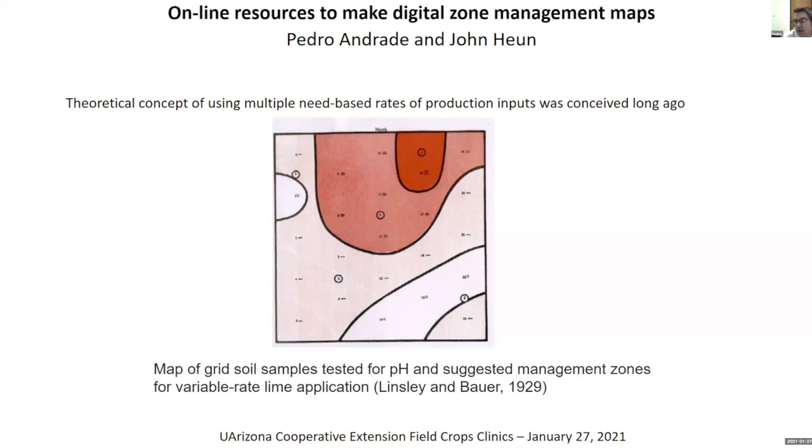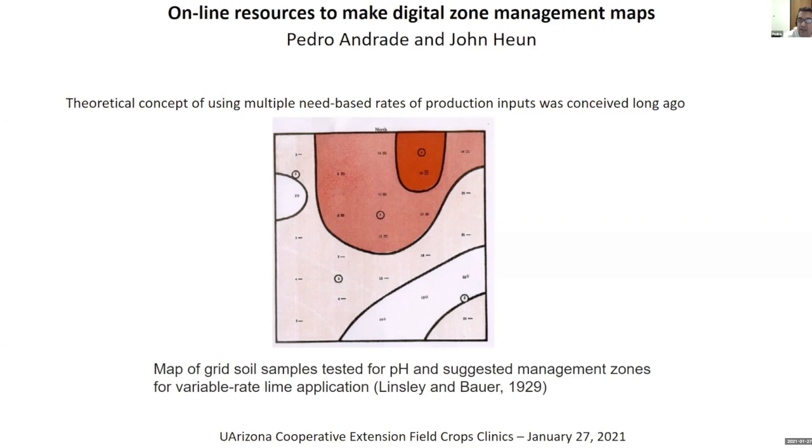So, starting with some background information. The point of this slide is to say variable rate or zone management makes sense from any perspective. Even as far back as 1929, there was this paper where all they did was set a grid sample.